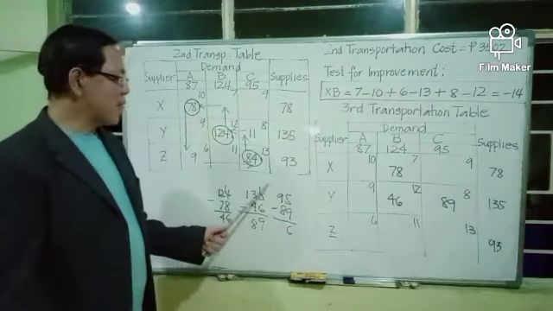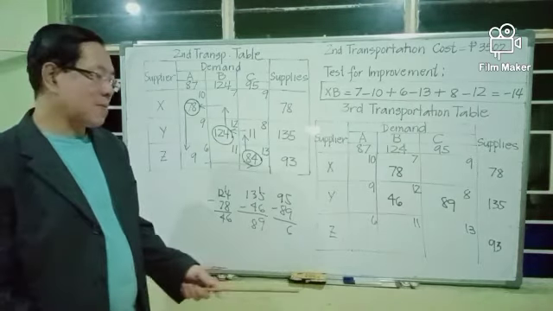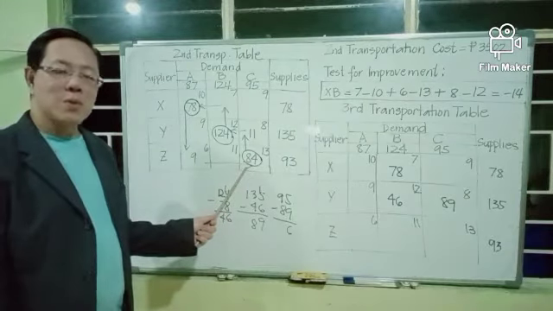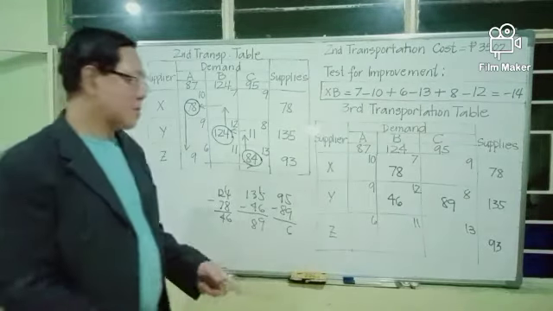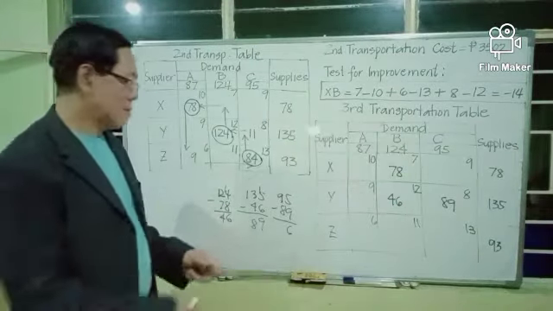And we have 95 minus 89 is 6 units. 84 now, we'll have to change to 6 in the cell ZC.